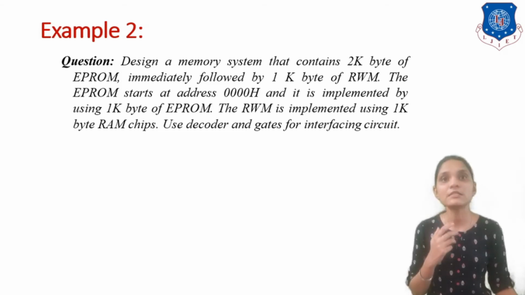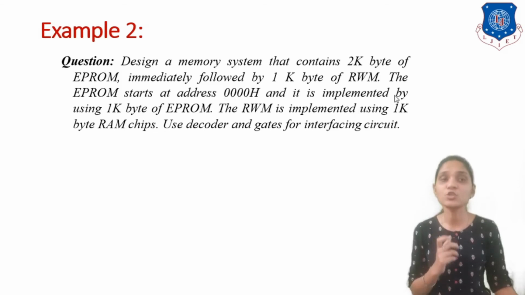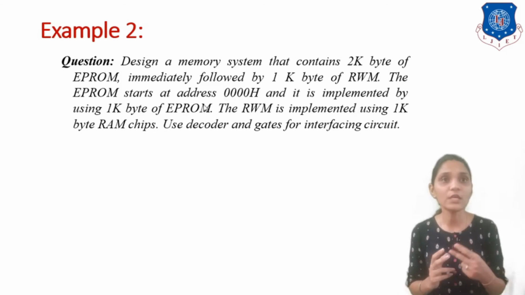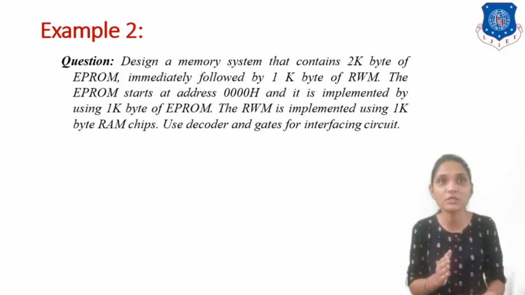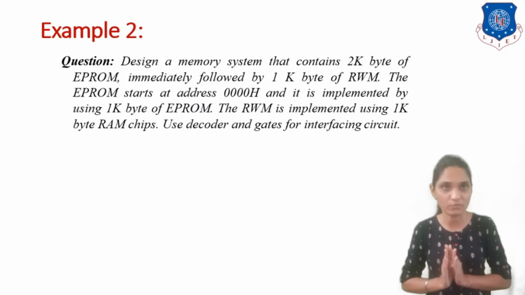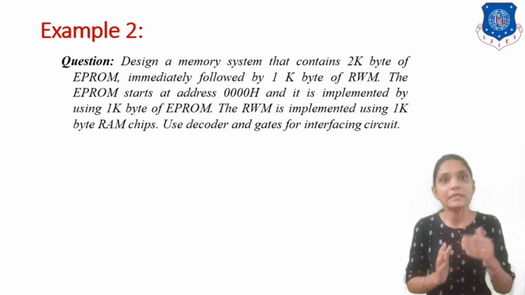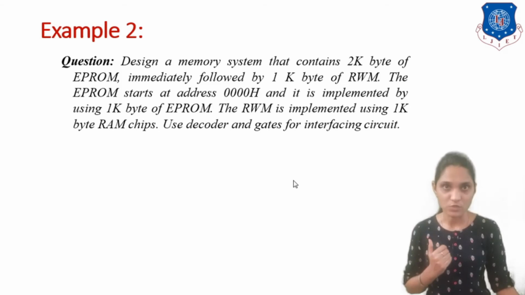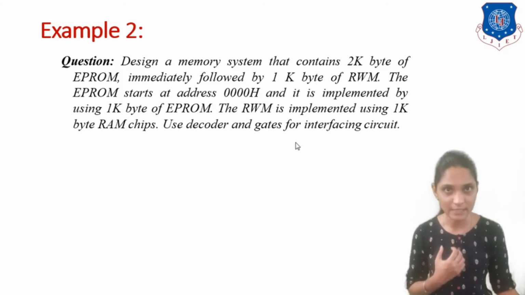The starting address for the EEPROM is 0000 hex, and it should be implemented by 1 kilobyte EEPROM chips. The read and write memory can be implemented using a 1 kilobyte RAM chip. Use decoder and gates for interfacing the circuit.